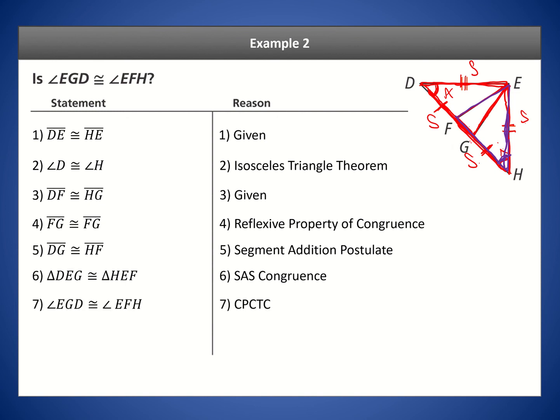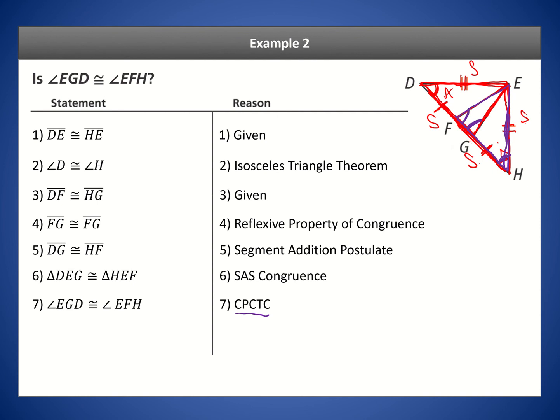And so now that we know that those two triangles are congruent, then angle EGD, which is this angle right here, has to be congruent to angle EFH. Why is that? Because these two triangles are congruent, which means that those two angles have to be congruent based off of corresponding sides and angles. And this is by the CPCTC: the corresponding parts of congruent triangles are congruent.